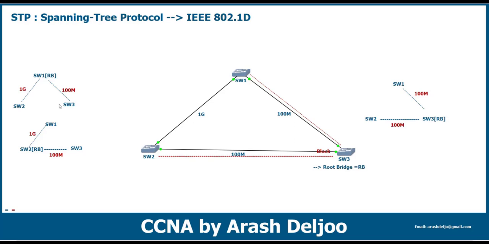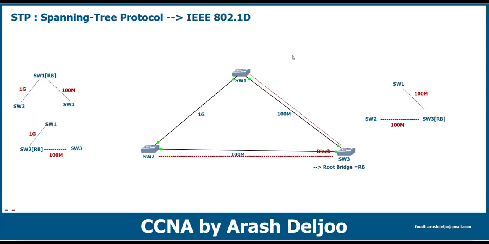In most cases, and maybe in all cases, we should use the link with more bandwidth as the primary link, and the links with less bandwidth as the secondary link. And this is obvious that we should do it this way. After that, now we can understand that the place of the root bridge is important for us.